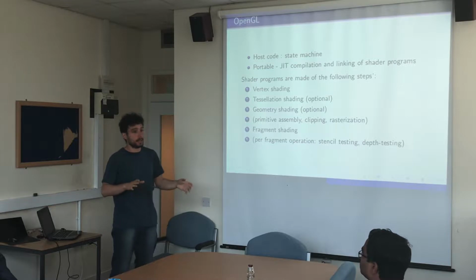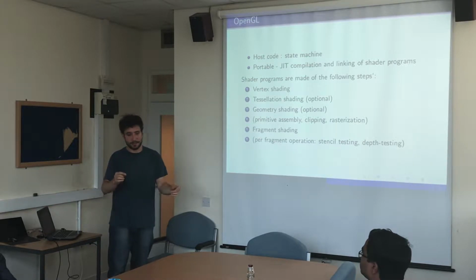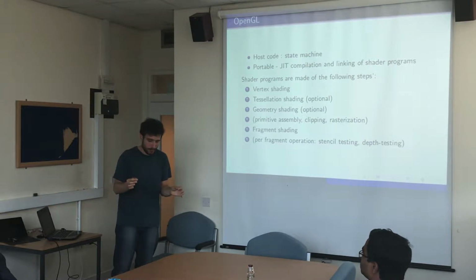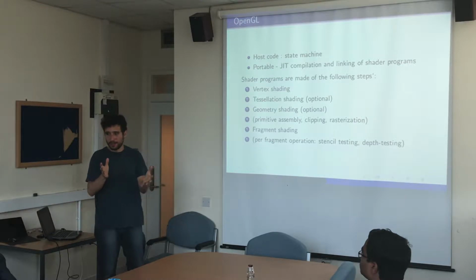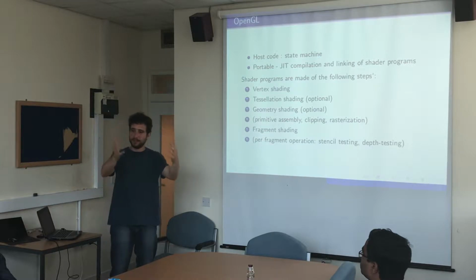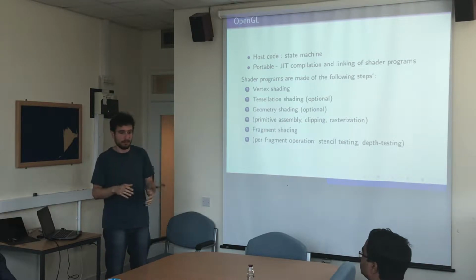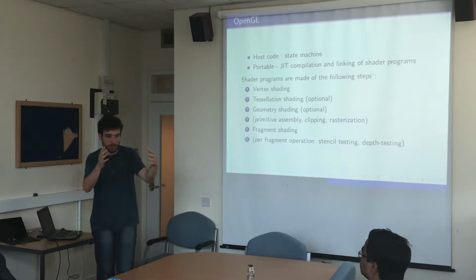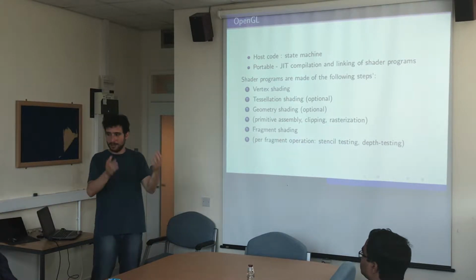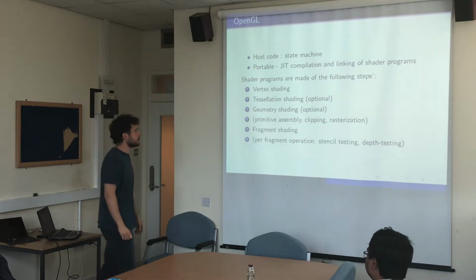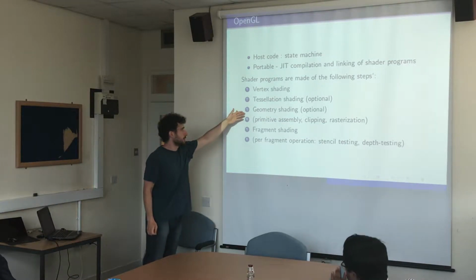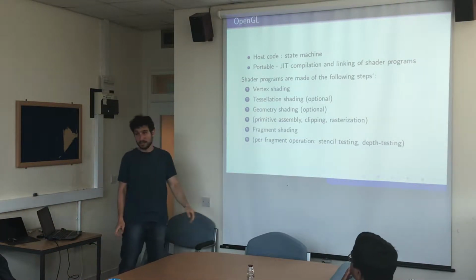For example, if you have a sphere, you could actually have a very limited number of points in the sphere, and then you add some more points on it, so that your model becomes better looking. There's some additional processing in geometry shading, which I don't know exactly what it does.